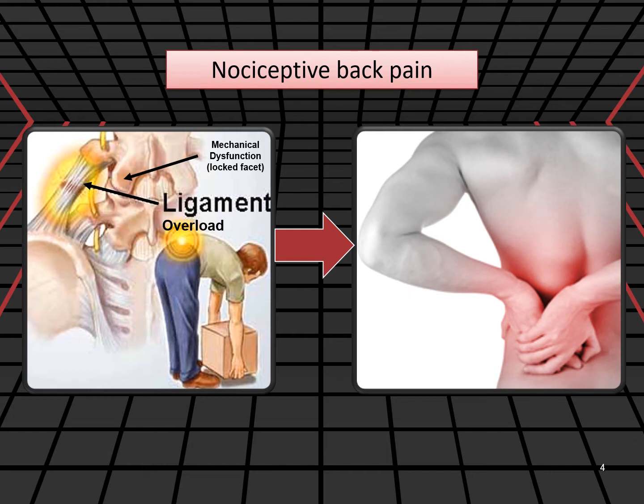But what he did is he overloaded the iliolumbar ligament, and you can see the damage as a result of that. So there are nociceptor beds all over the place in the ligament. I'm just going to circle this. So that's the area of injury or damage, and there are nociceptor beds all over the place in there. And so he's stimulating those, and of course those are traveling up the cord, and the cortex is going to perceive them as pain.